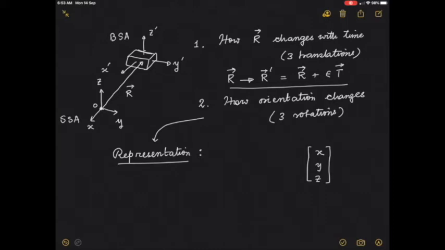Then over time how it changes is given by successive rotations, and that rotation we represented in terms of some SO3 matrix. So 3, because it's a 3 cross 3 matrix, it's an orthogonal matrix which has certain properties, and it's special orthogonal because its determinant is 1.